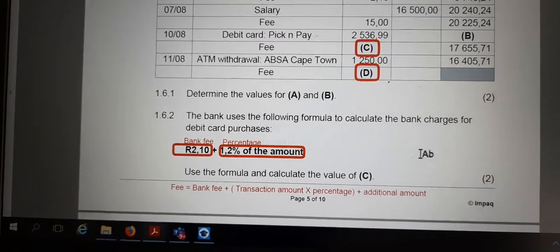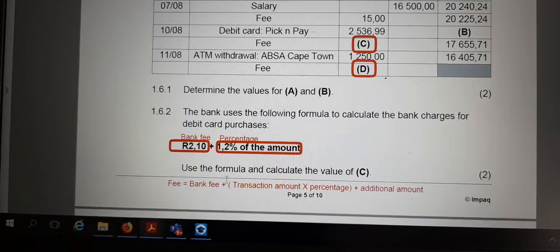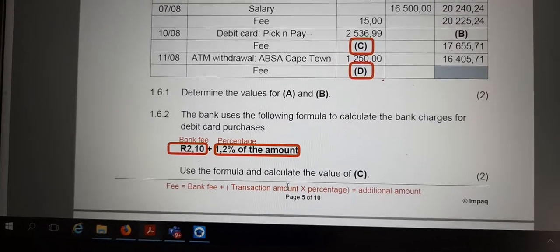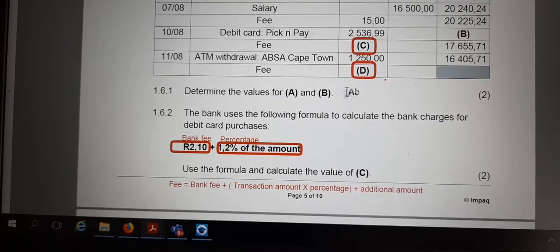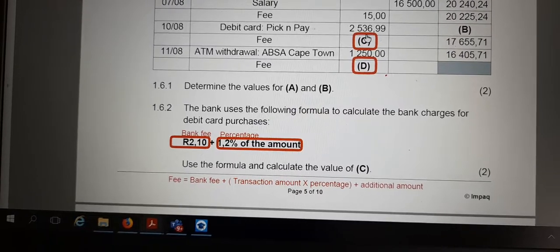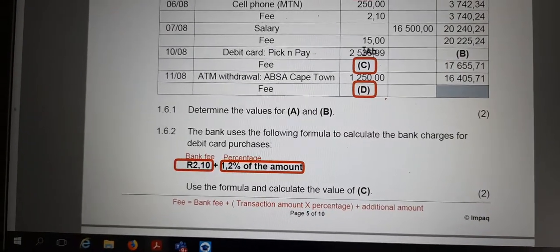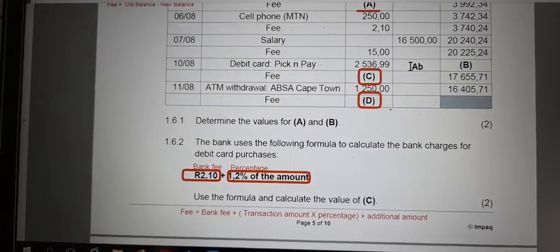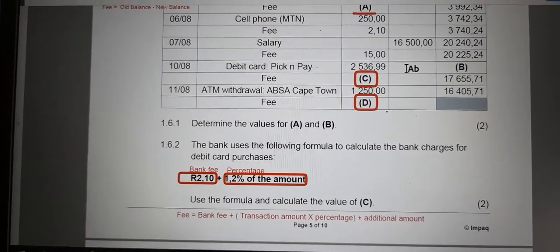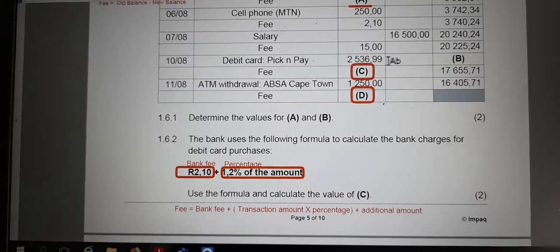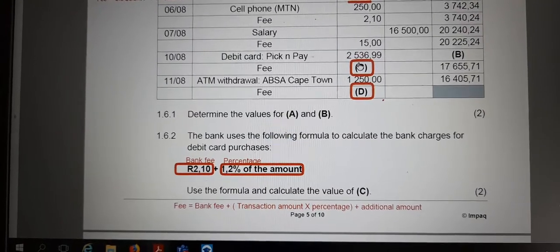So rewrite the formula like that. Remember, if you are asked for the fee, then your transaction amount will be at the top. It can either be on the debit side or on the credit side. You take the transaction amount that is at the top of that line of the fee.